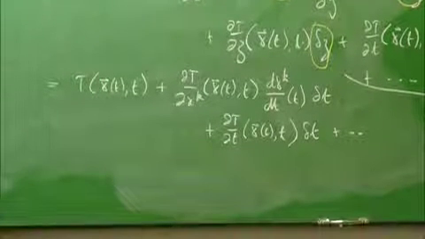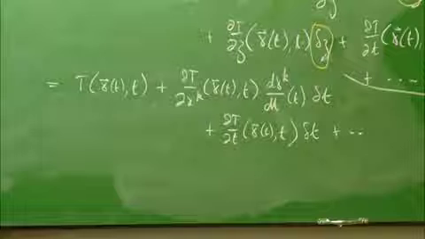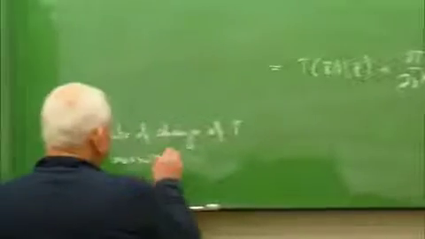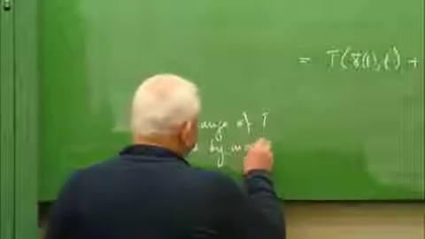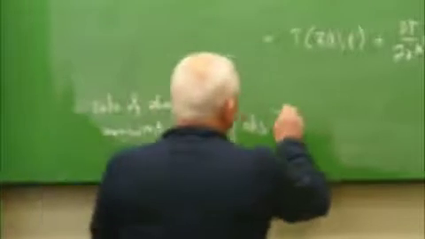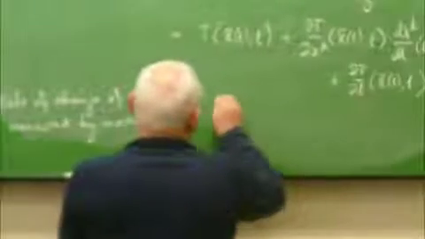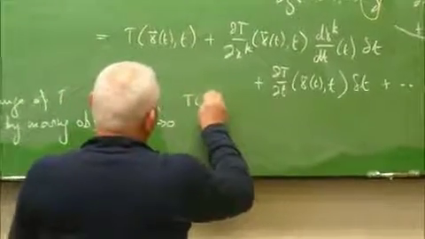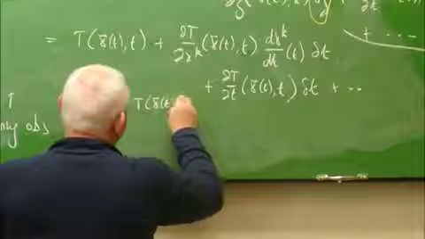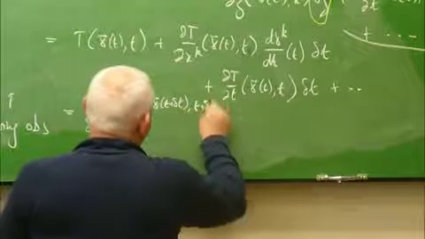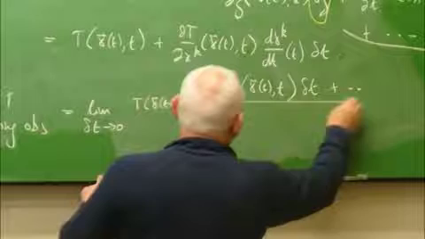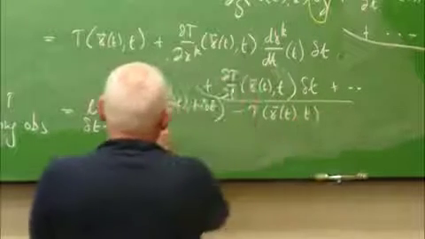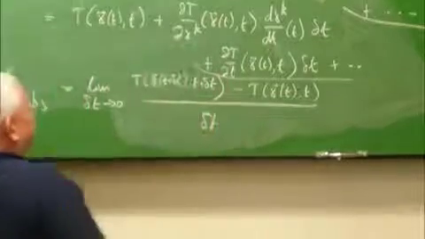And so the rate of change of T measured by the moving observer is equal to the limit as delta t goes to zero of T of gamma of t plus delta t, t plus delta t, minus T of gamma of t, t, divided by delta t.